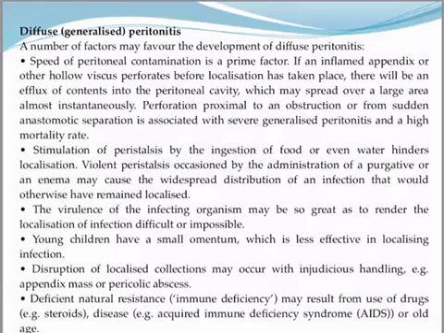The more speed of peritoneal contamination, the more risk of diffuse peritonitis rather than localized. I mean, the factors that favor localization cannot cope with the peritoneal perforation in order to seal or wall off this peritoneal fluid or perforation.